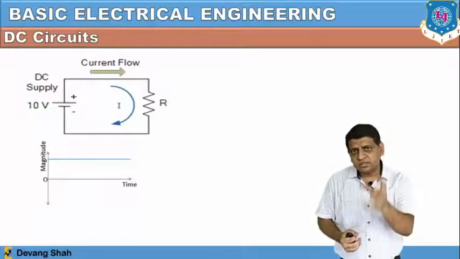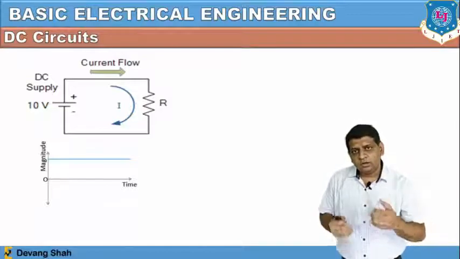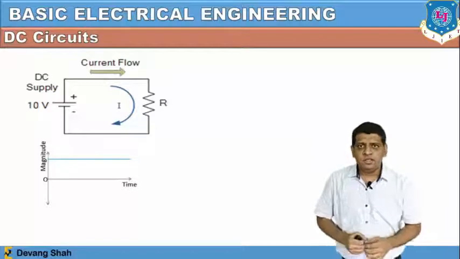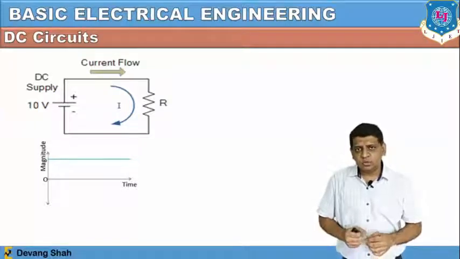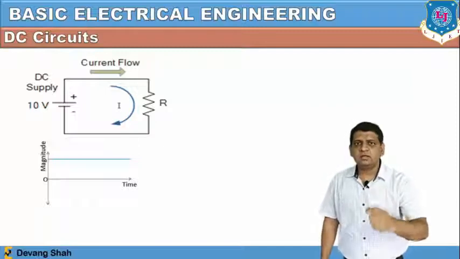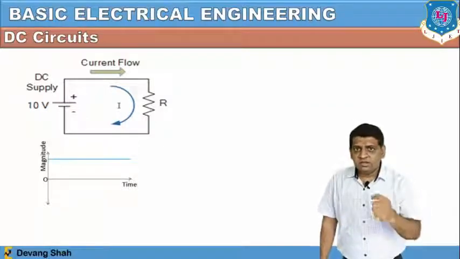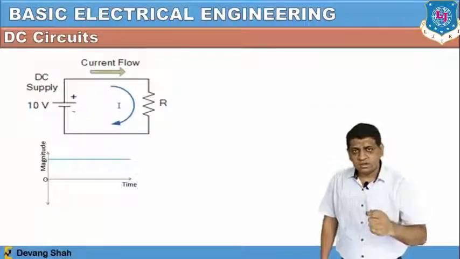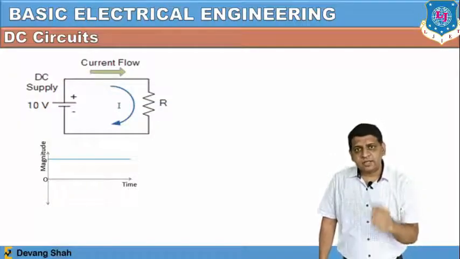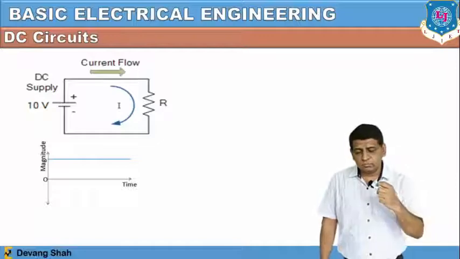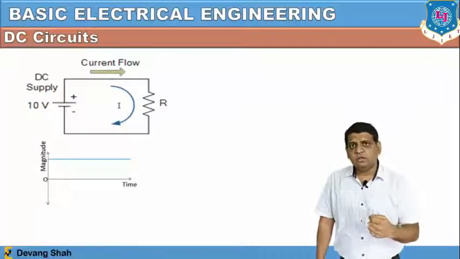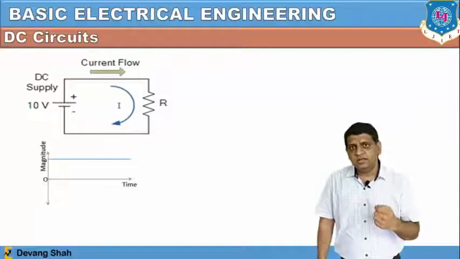Once you connect resistance, inductor, and capacitor under the DC excitation condition, you need to check their behavior. So in our first section, let's check the behavior of resistance under DC excitation.